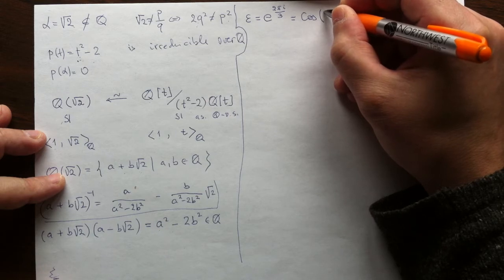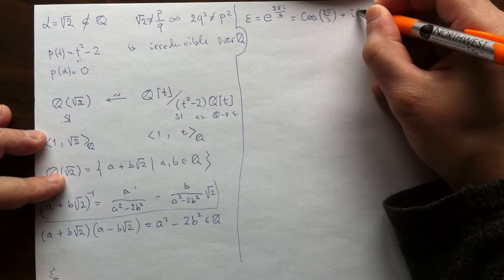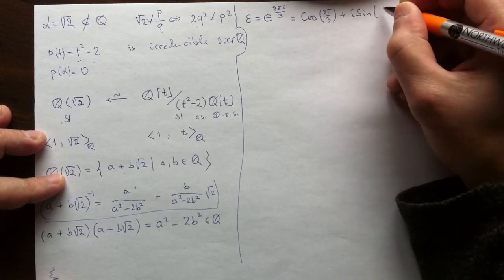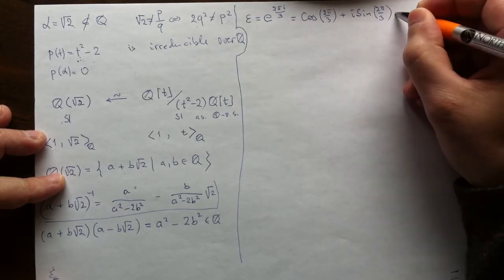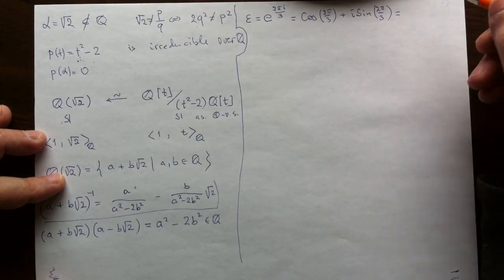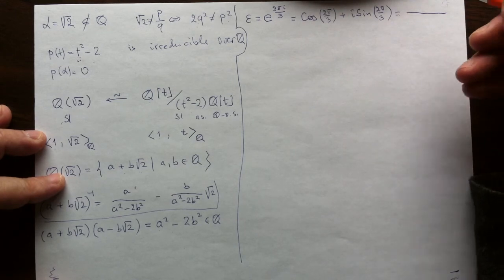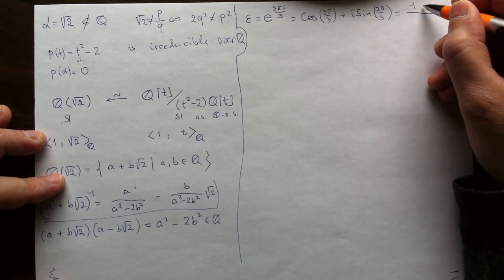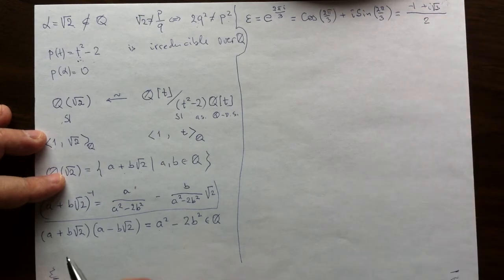It is a cos function of 2 pi over 3 computing the real part, and the imaginary part is computed by the sine function of the same argument, 2 pi over 3. And we can write it even better in algebraic form by looking at what cos and sine will have to be: negative 1 plus i square root 3 all over 2.